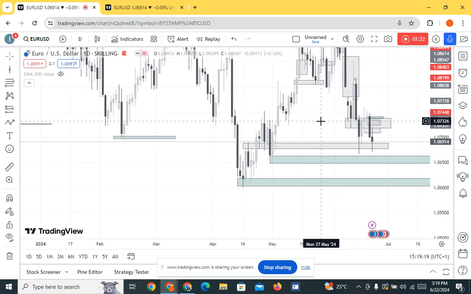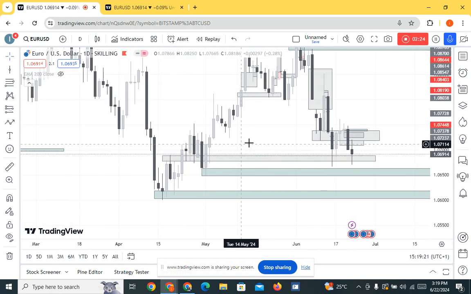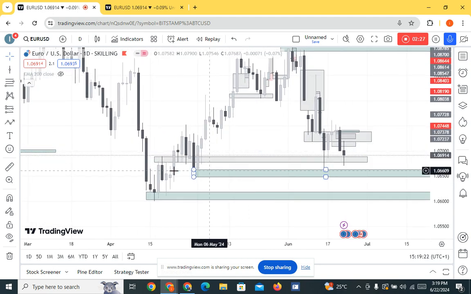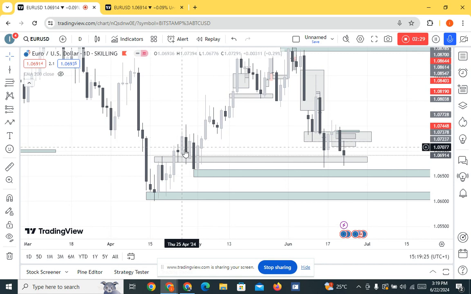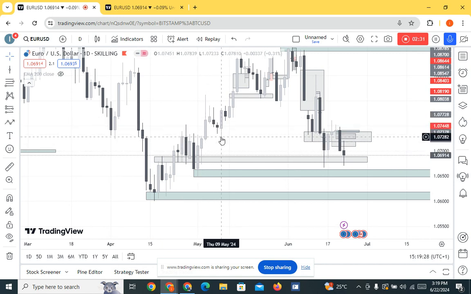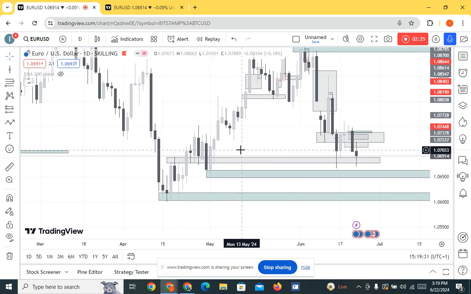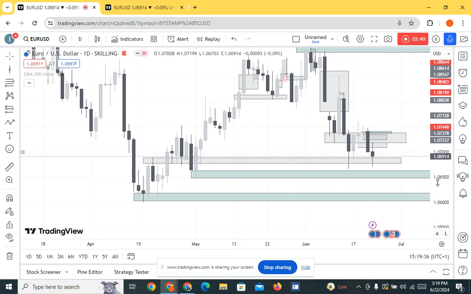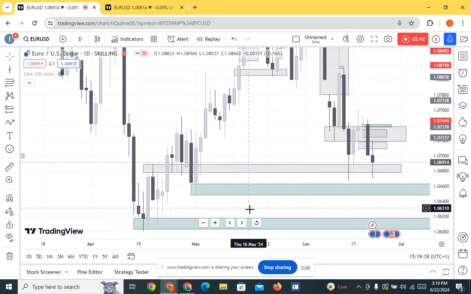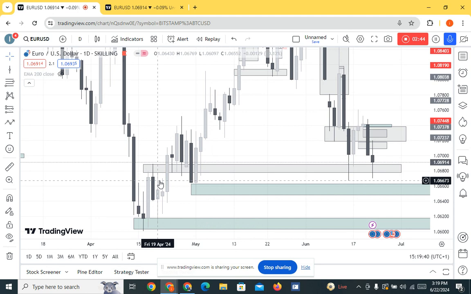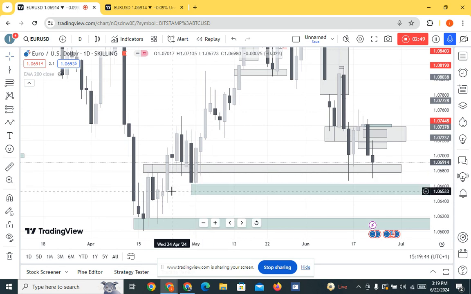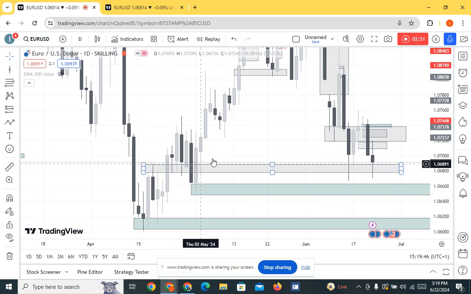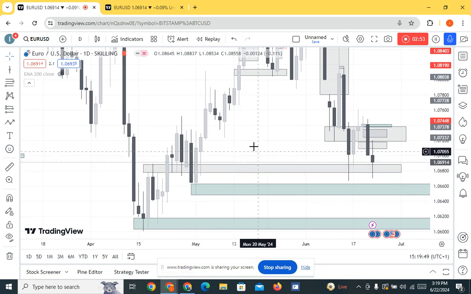So when price breaks through a particular high while it's trending upwards, it's supposed to come back and retrace. It's supposed to come back and test that high. Actually, we didn't get a proper test to this high. So price broke, and then it was kind of consolidating towards this area, and then it pushed up.